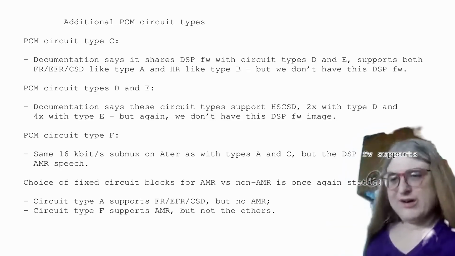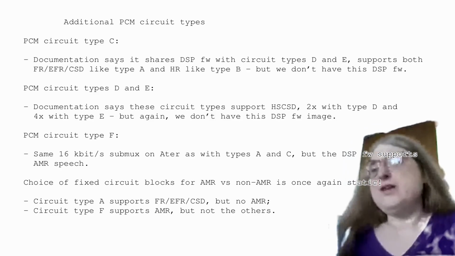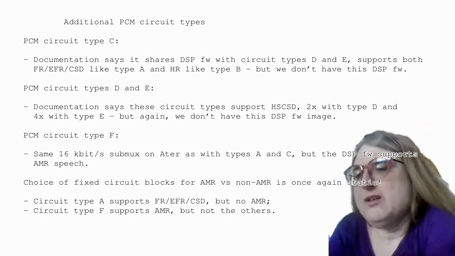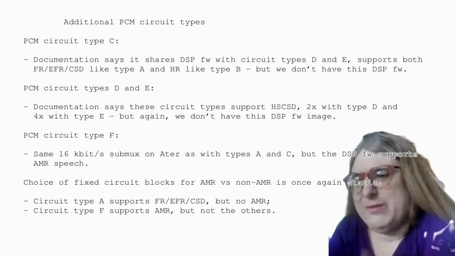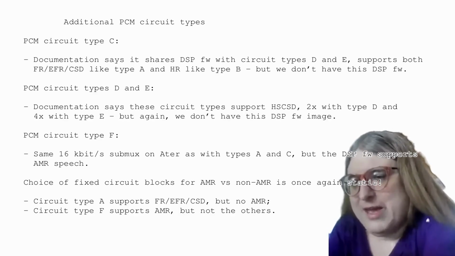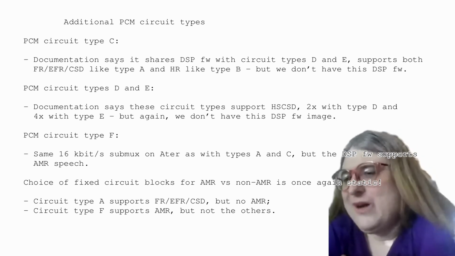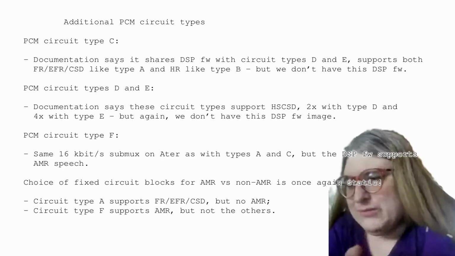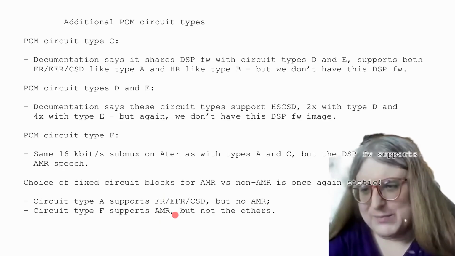Because Nokia required you to do this static configuration, I'm wondering if they provisioned the system so most of their trunks were type F trunks that can only support AMR, and only maybe 1 or 2 trunks that were type A that support FR, EFR, CSD. I don't know. Obviously, I've never been a conventional operator, but that's probably what they would have to do, given the firmware.